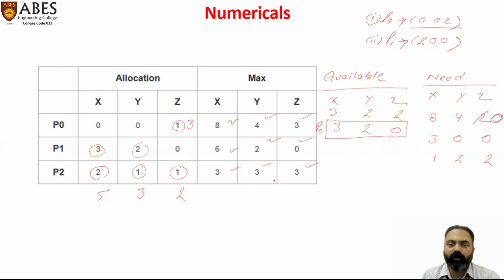So suppose the first process which will execute is P1, and after executing, P1 will release all the allocated resources. So these are 3, 2, 0 plus 3, 2, 0. Now total will be 6, 4, 0.